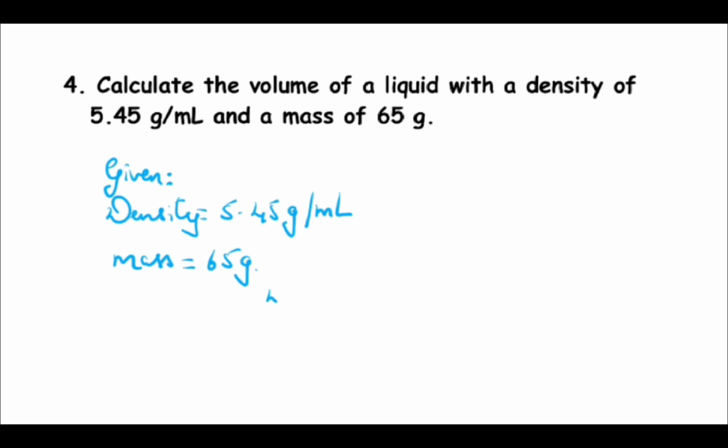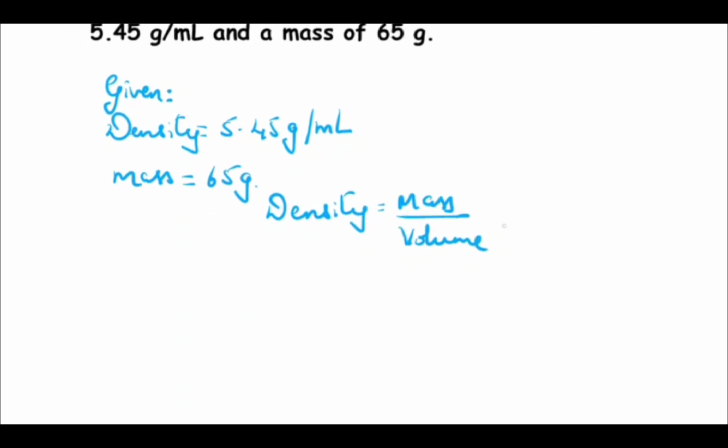Density is equal to mass upon volume, which is equal to, density is 5.45, mass is 65, volume we need to find out.